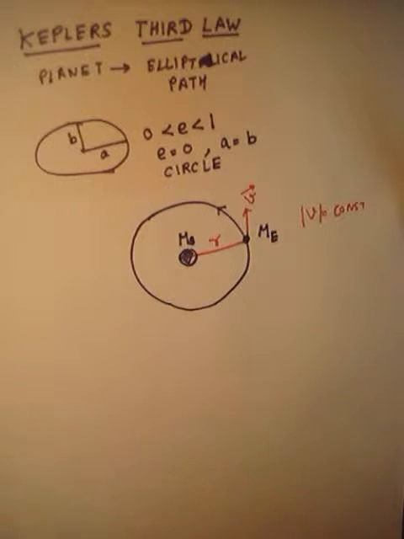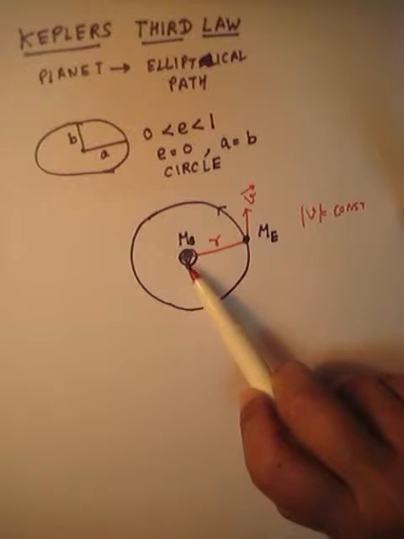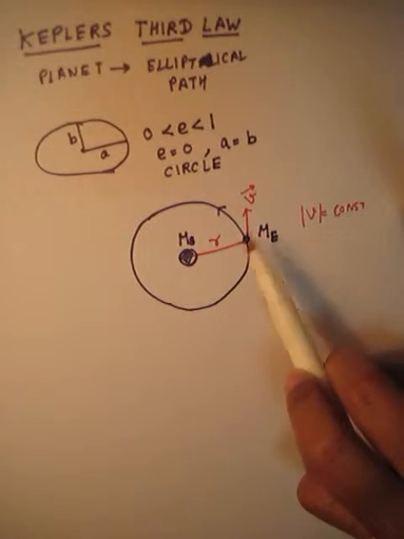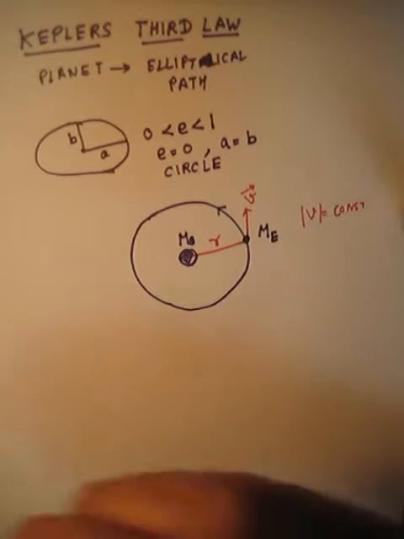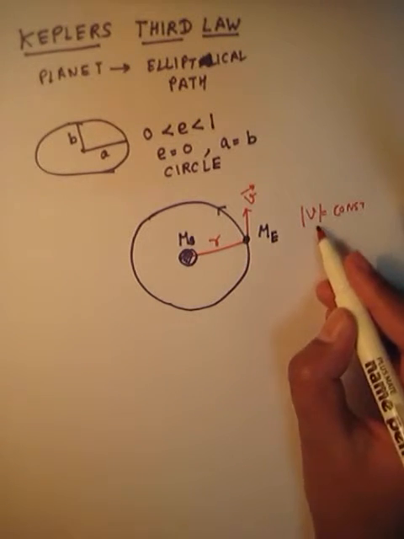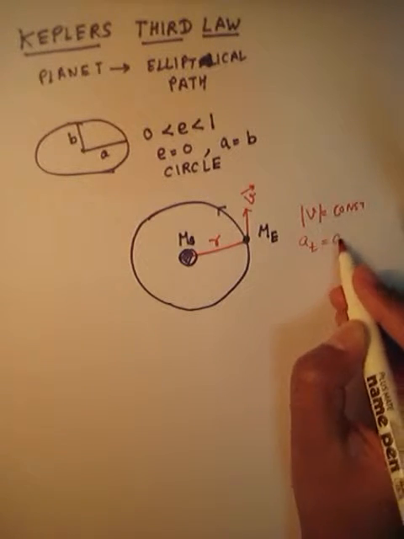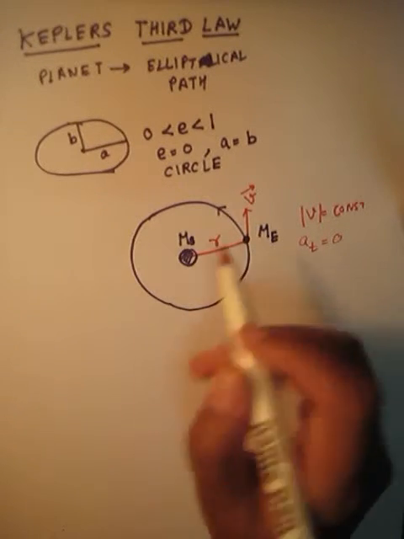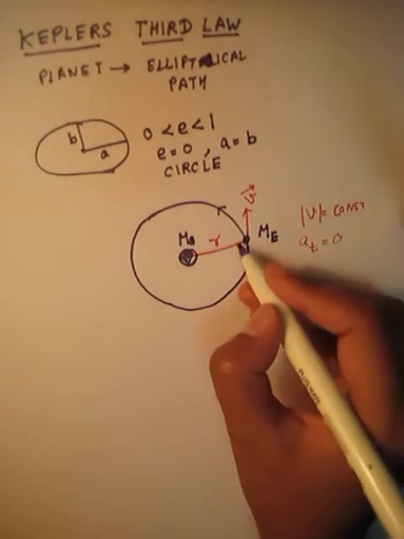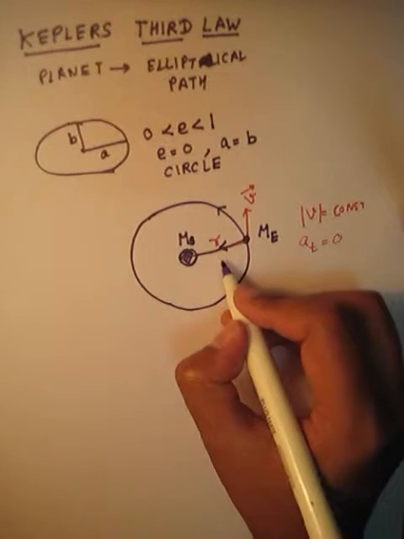Now this becomes a simple problem of circular motion, where an object is moving around the sun with a constant velocity. Because it is circular motion and the magnitude is constant, the tangential acceleration will be 0. There is no force along the tangent because velocity is constant, but there will be a force along the radius.